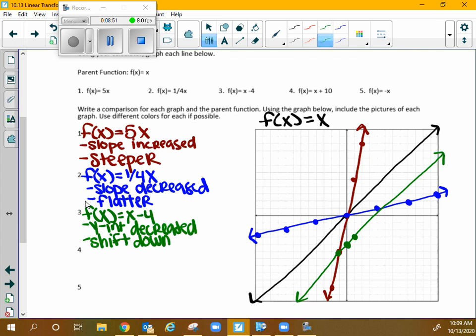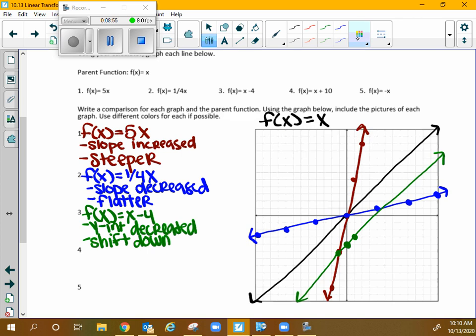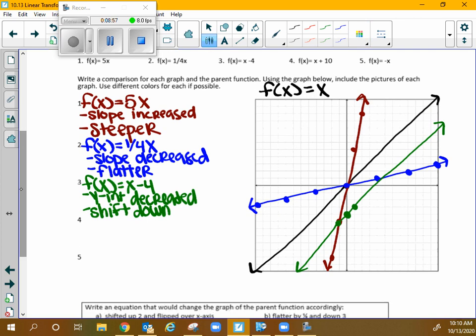So then, if I said f of x equals x plus 10, the y-intercept increases, what do you think is going to happen to my line? It's going to shift up.